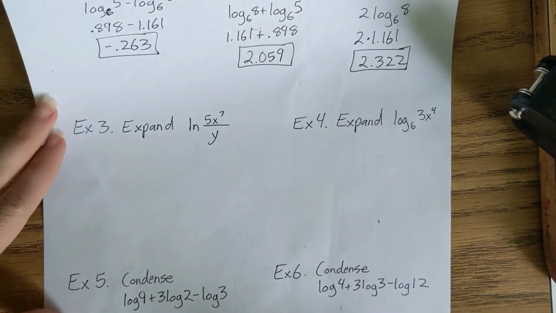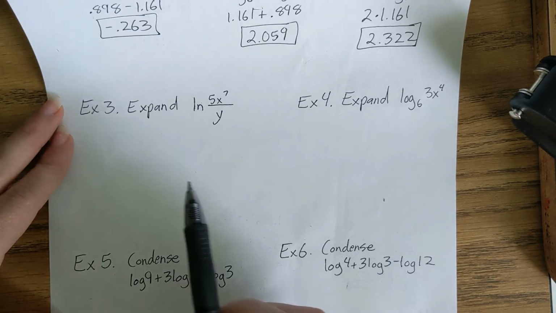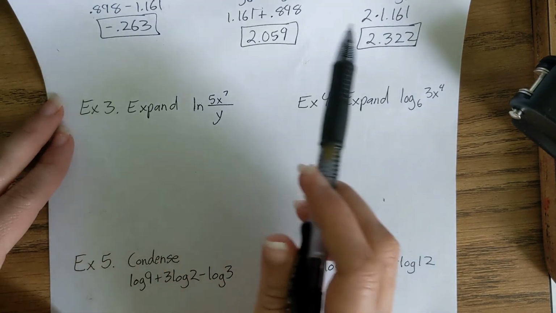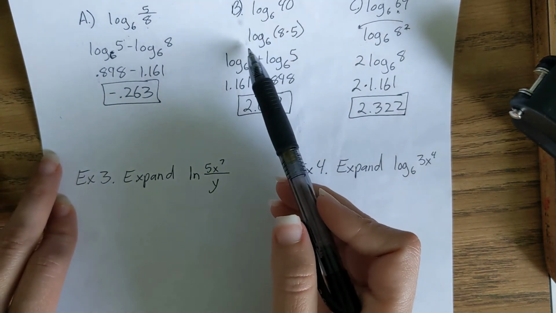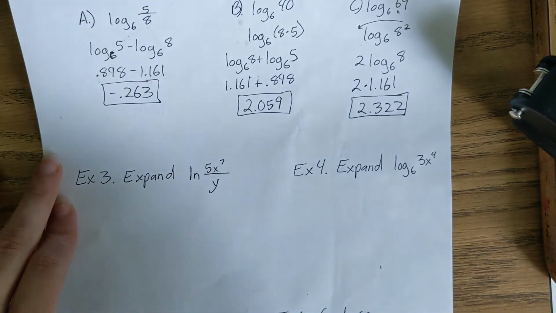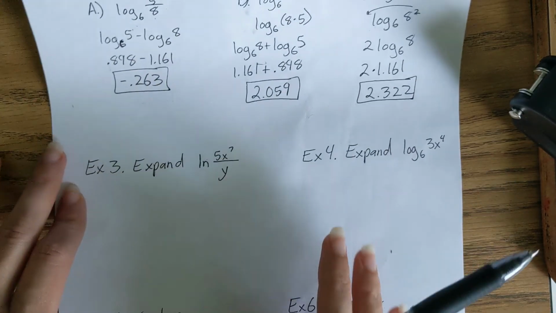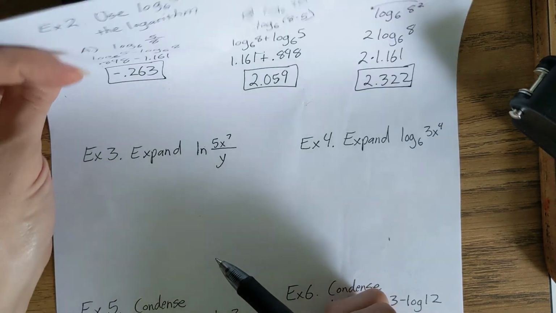So example 3, they want us to expand this log like we did here, right? So I took this and I expanded it into 2 log expressions that were added together, right? That's an expansion because it was 1 and it went to 2. So that's kind of what we're doing here.